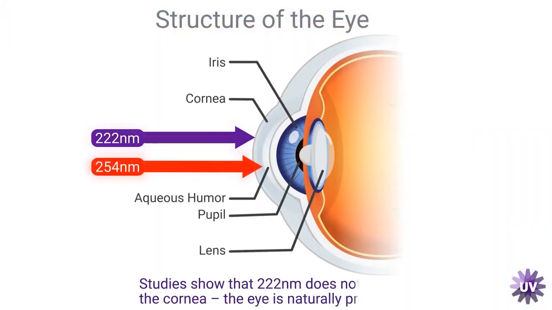This is the fundamental reason why this wavelength doesn't have the same type of potential harm that the more conventional 254 germicidal UV wavelength does. So with the far UVC, we are naturally protected from exposure to those wavelengths in the deeper layers of our skin and protected from the exposure to our cornea.